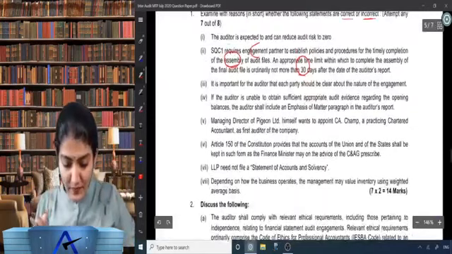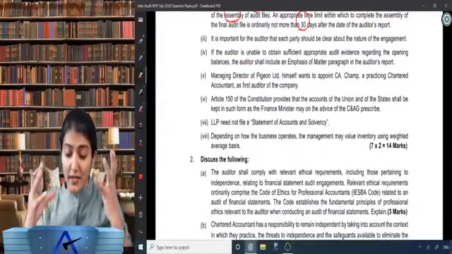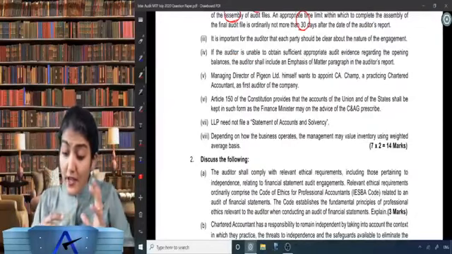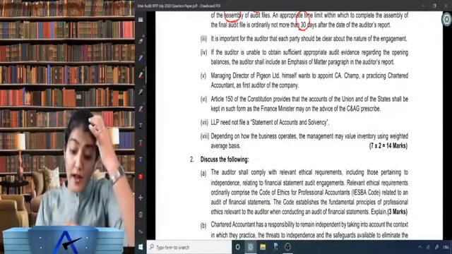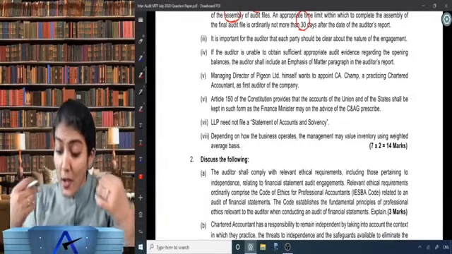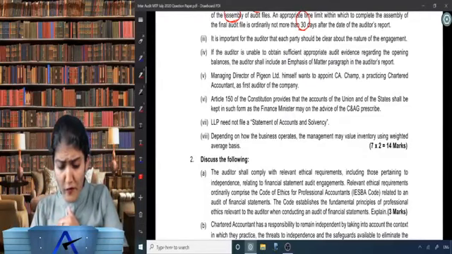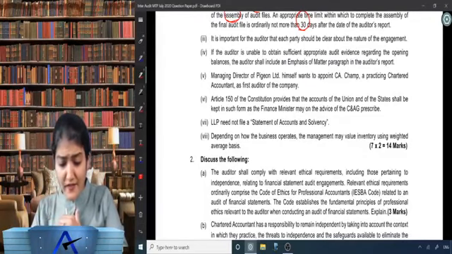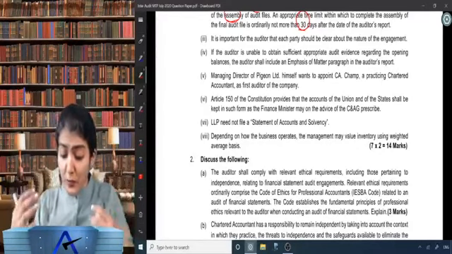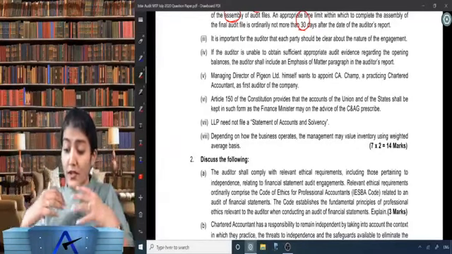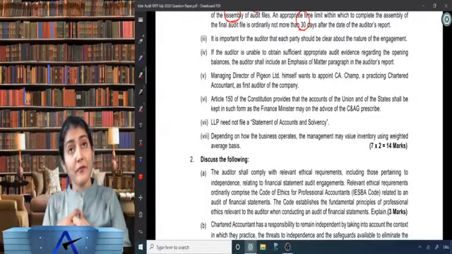Article 150 of the Constitution, whatever it be, provides that the accounts of the Union and of the state shall be kept in such form as the finance minister may on the advice of the CAG prescribe. So from where has this finance minister come?